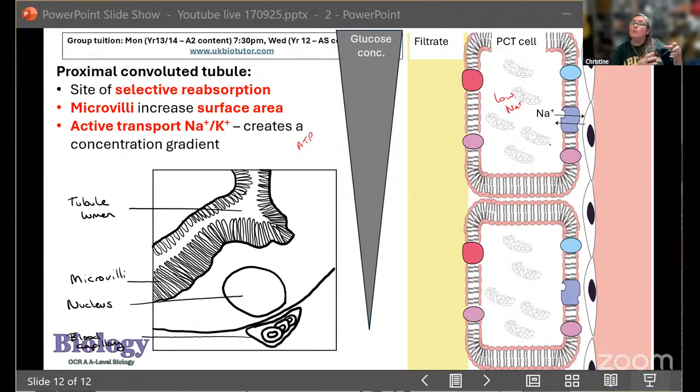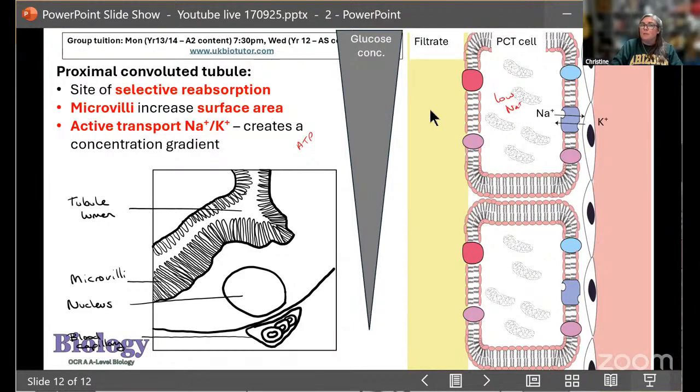So this is where your module 2 should now start to make sense, but actually in context, because we're talking about a job it needs to do, resulting in the selective reabsorption of these molecules. So we're going to pump our sodium out, creating a low sodium concentration inside.